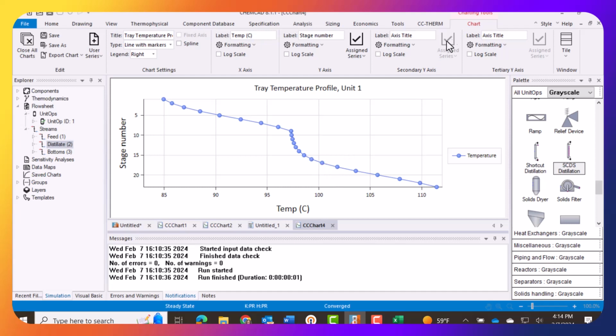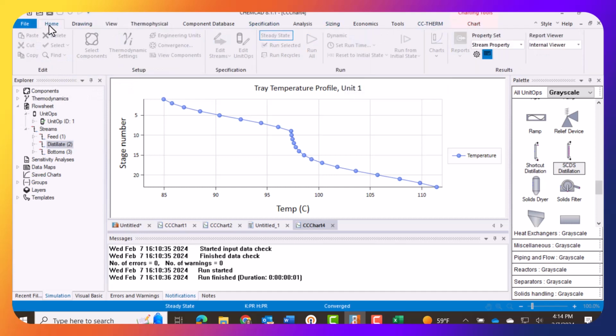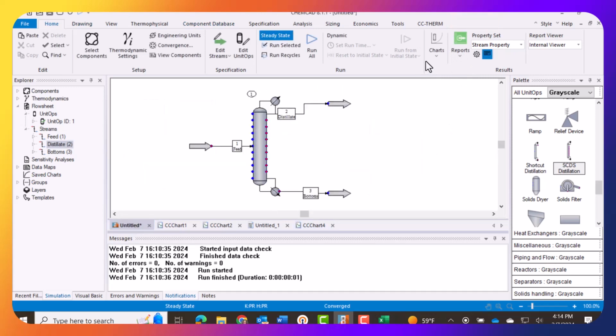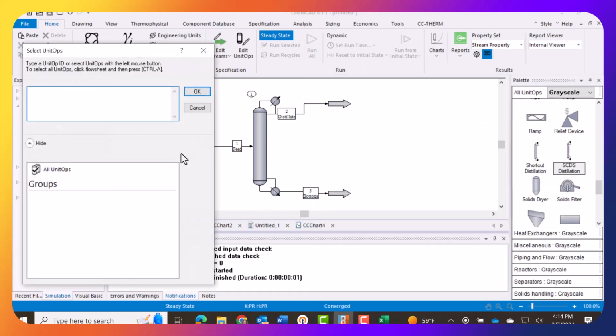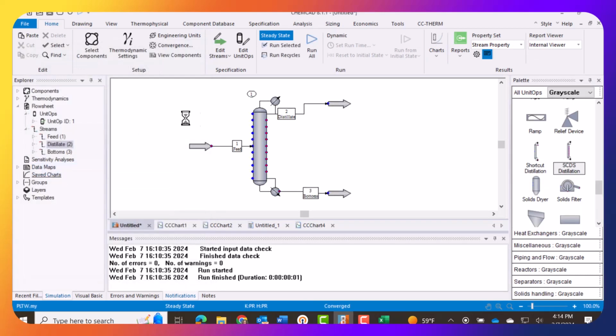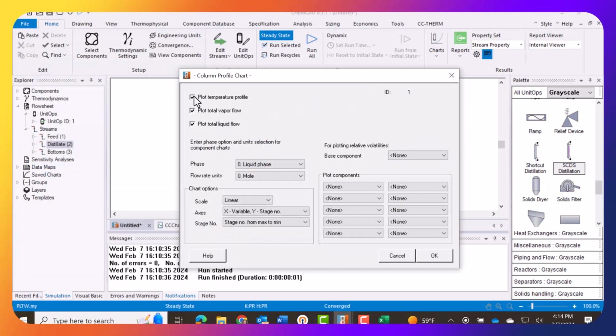I can also switch to other things if I want to. Let me come back to my chart. This time, let's look at the liquid flows. Okay.